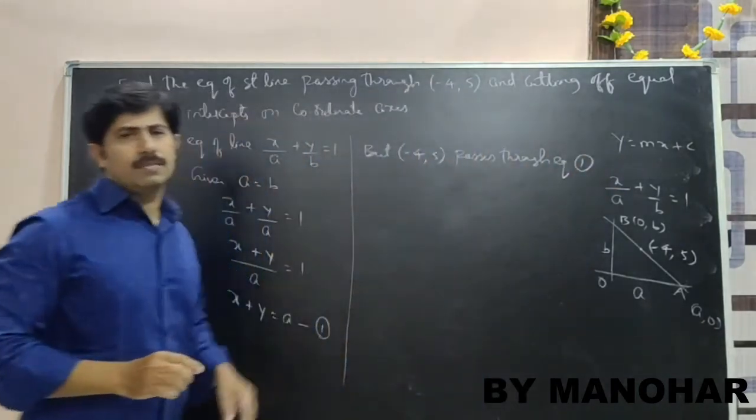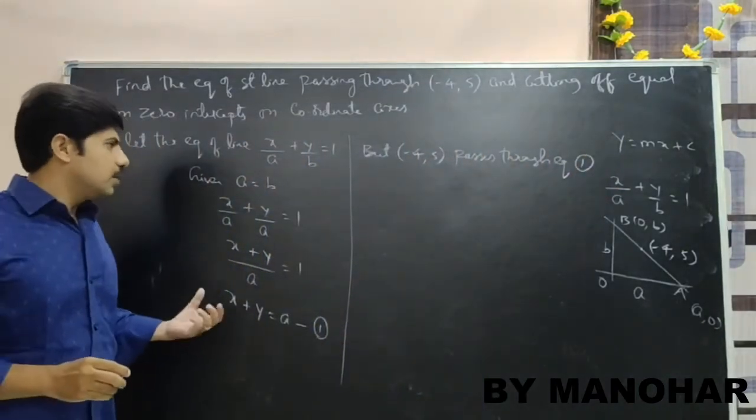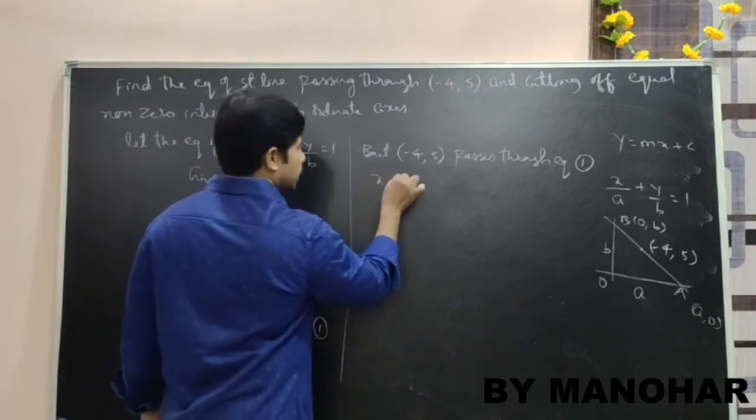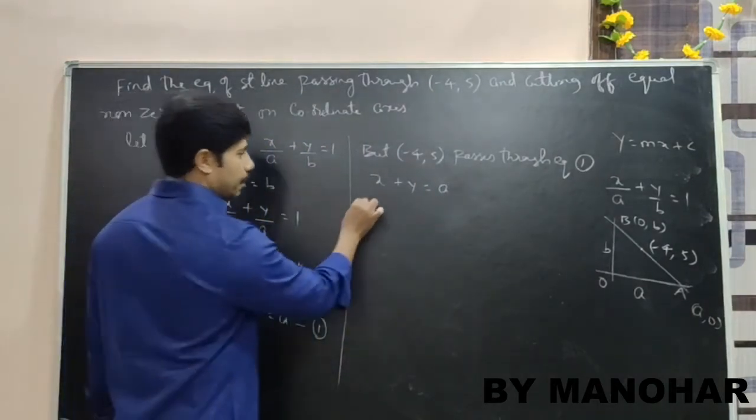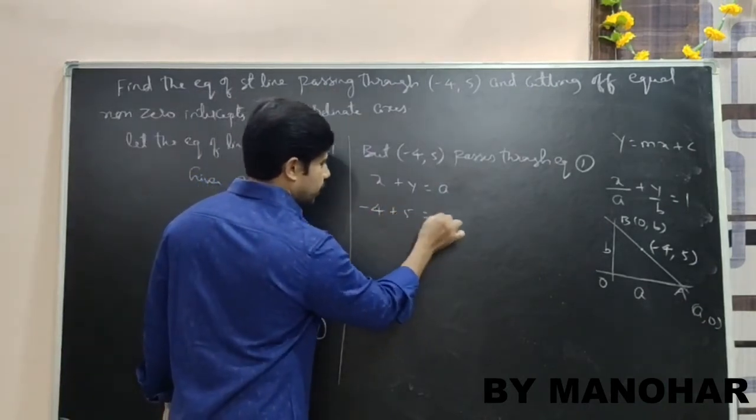It is given in the problem. So what is that equation 1? It is x + y = a. Now what is the x coordinate? -4. The y coordinate is 5, so -4 + 5 = a.